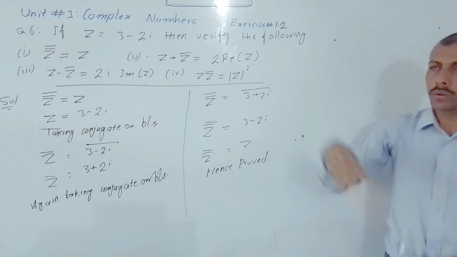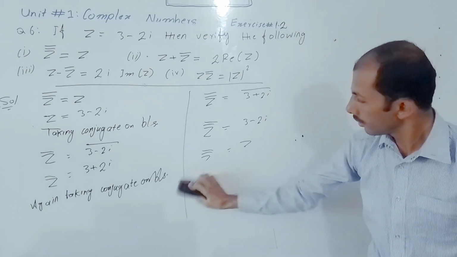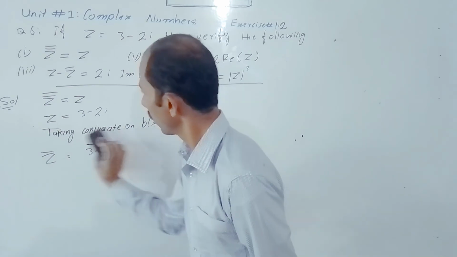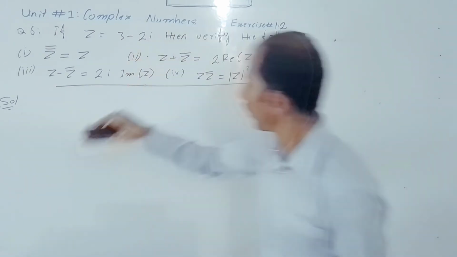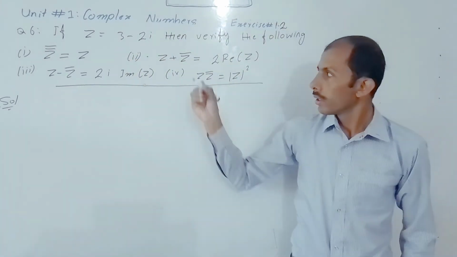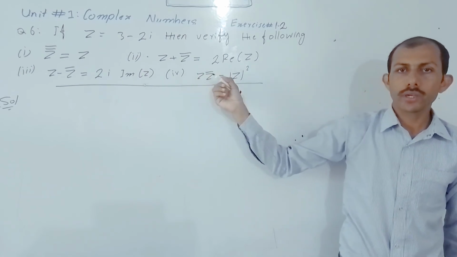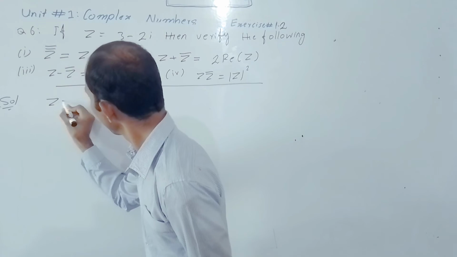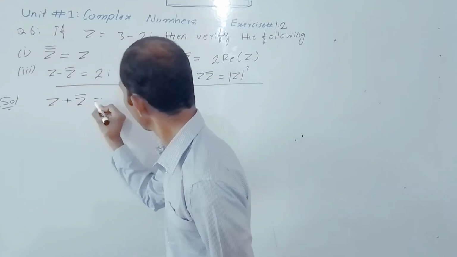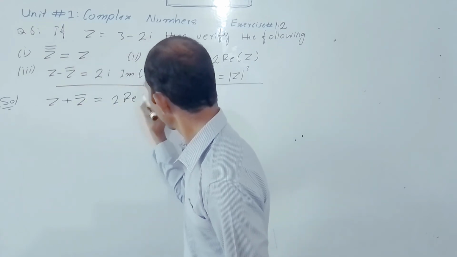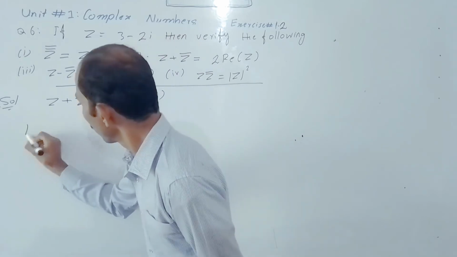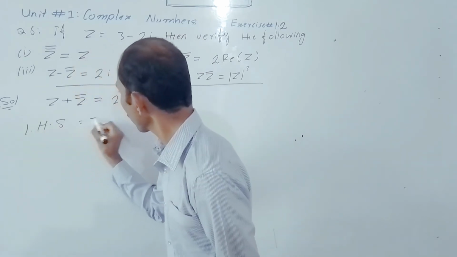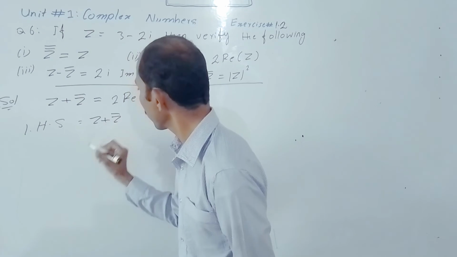Next, part number 2: z plus z conjugate is equal to 2 real of z. Left hand side is equal to z plus z conjugate.